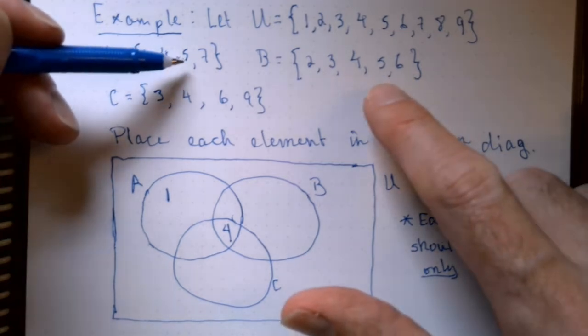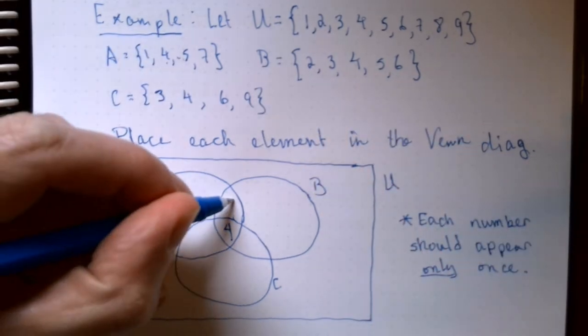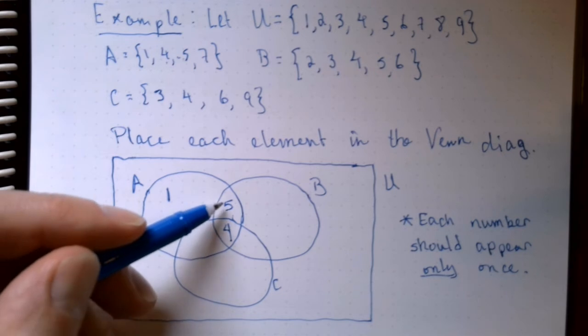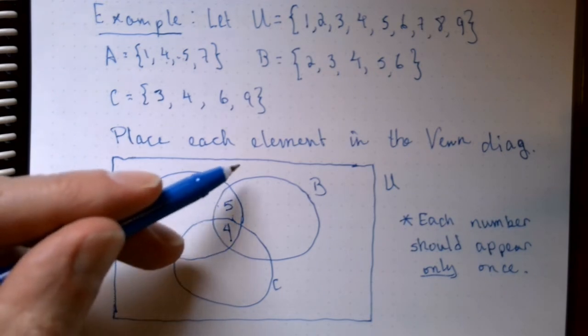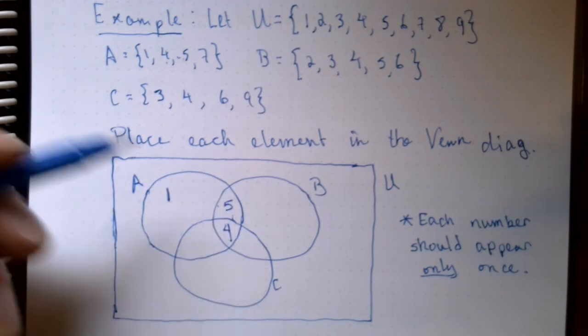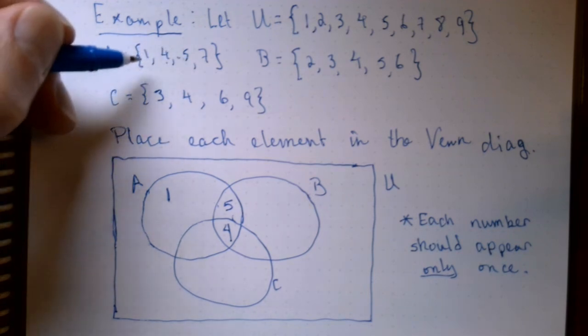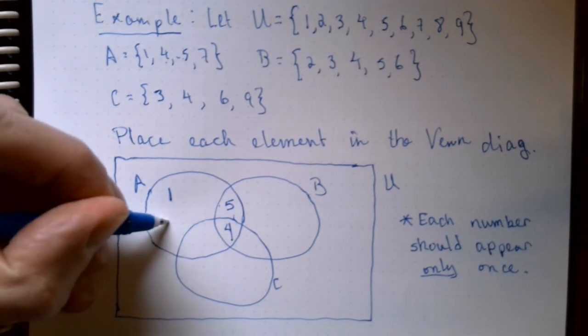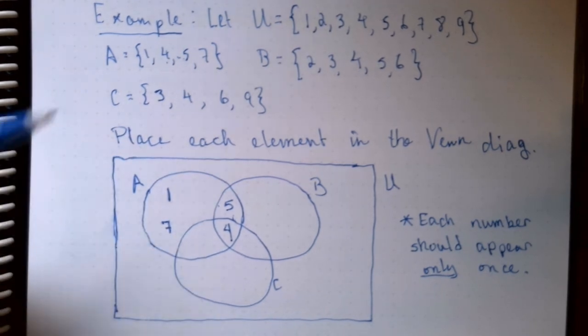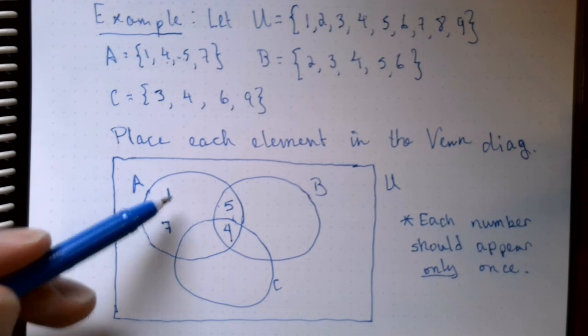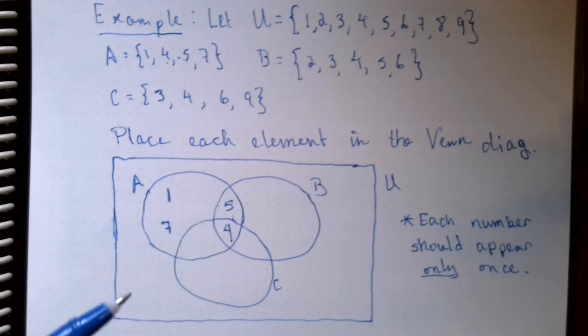The 5 belongs to A and B but not C, so that's this region right here. It's inside the circle for A, it's inside the circle for B, but outside the circle for C. And my 7, so looks like 7 belongs to just A, so 7 should go there. So the circle for A has 1, 4, 5, and 7.